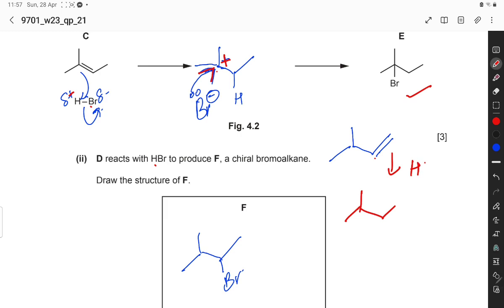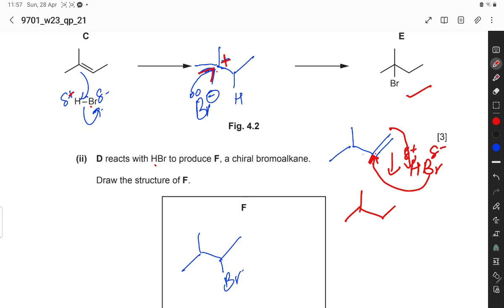In HBr, this is carrying partial positive and this is carrying partial negative. H is attached to this carbon atom, and the Br, highly electronegative, is going to attach to the carbon with fewer hydrogen atoms, because over here this is an alkyl group and the positive inductive effect is decreased.